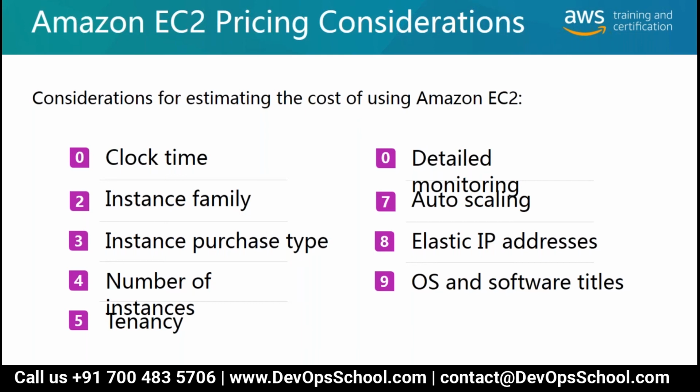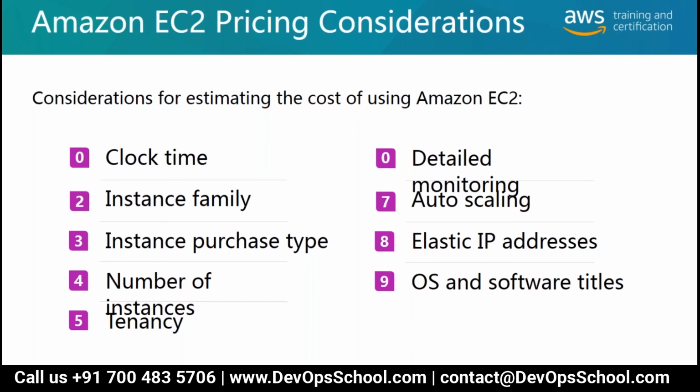And all the Linux instances are billed by second. Stopping an Amazon EC2 instance stops the billing for that instance. If you stop it, your billing is stopped. It is important that you understand how each of the decisions you make will make an overall impact on the cost of using EC2.